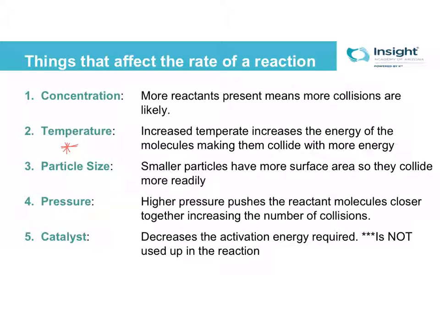Particle size, this is related to the fact that, if you're trying to react sugar, you're going to be better off having sugar in smaller particles, like powdered sugar versus cubes of sugar, just like with dissolving. If you can have more surface area, the collisions are going to be more likely to take place.